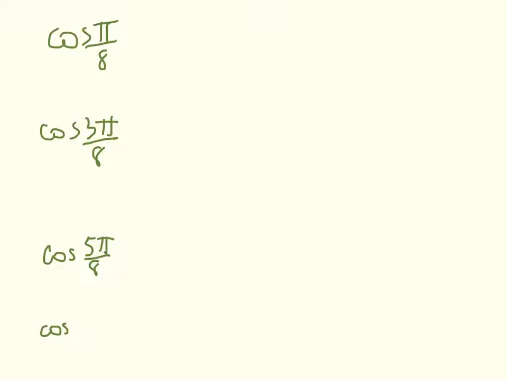So in here we've got cos of pi on 8 hiding, cos of 3 pi on 8, cos of 5 pi on 8, and lastly cos of 7 pi on 8. So we're going to leave that one alone. We're going to look at a way that we can get this to have a pi on 8 in it. Well, we can do that by saying that cos of 3 pi on 8 is equal to the cosine of 4 pi on 8 minus pi on 8.